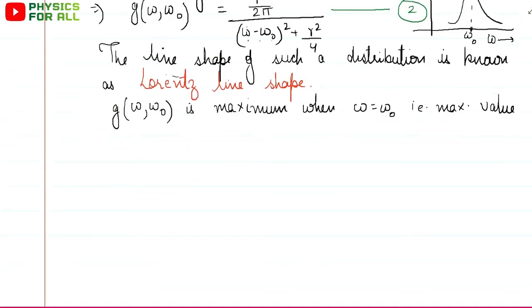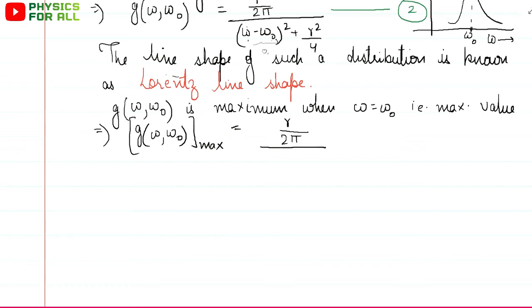So we can substitute omega equal to omega naught to find g omega omega naught maximum is equal to gamma upon 2 pi, since this is the value of k, upon, when omega is equal to omega naught, this term would be 0. We are left with gamma square by 4. This means gamma upon 2 pi into 4 upon gamma square, which gives us 2 upon pi gamma.